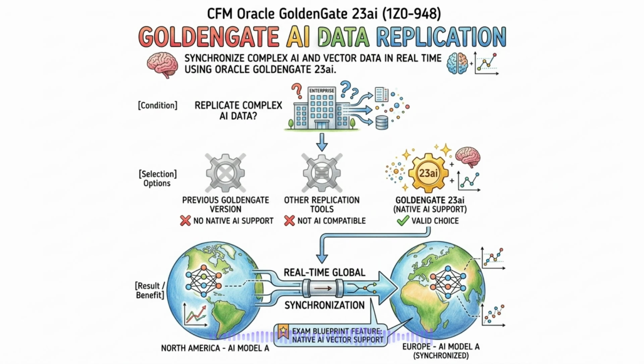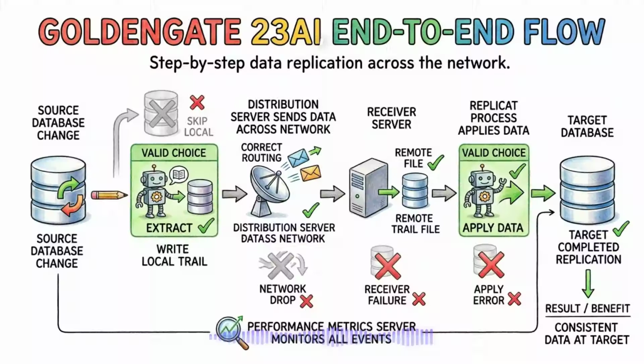The exam blueprint specifically mentions this new capability, so you must keep it in mind as we wrap up these architectural concepts. It is important to visualize the entire flow from start to finish. A change happens in the source database. The extract process reads the log and writes a local trail file, and the distribution server sends it across the network.